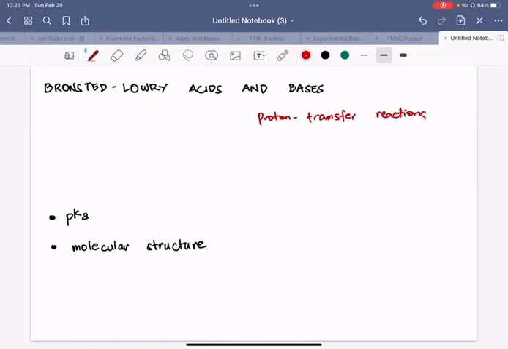For example, you have a typical acid that is symbolized as HA, and you have water as a base. When they react together and reach equilibrium, the product would be H3O plus and the anion of HA. So HA here is the acid, and water here is the base.